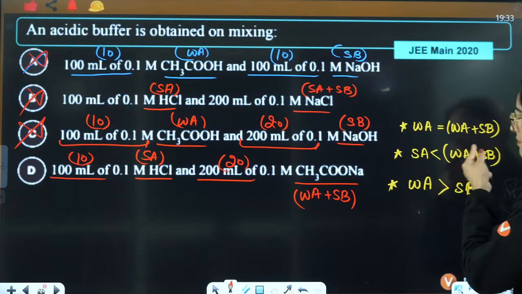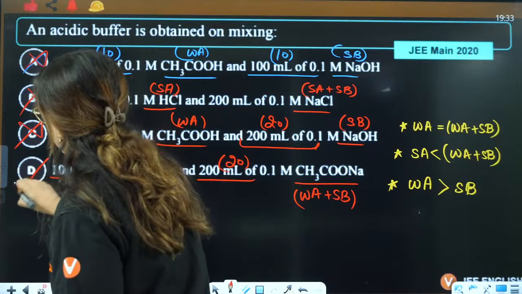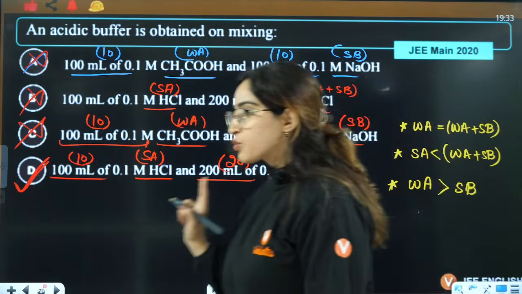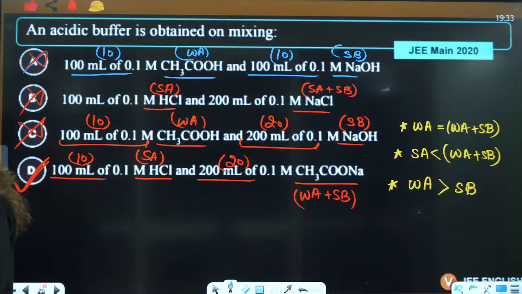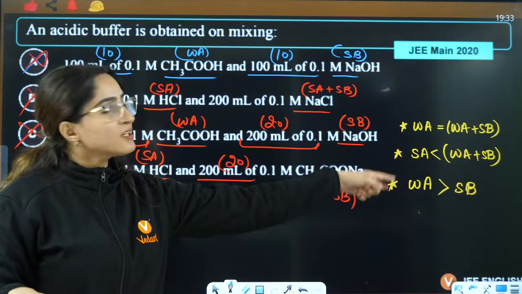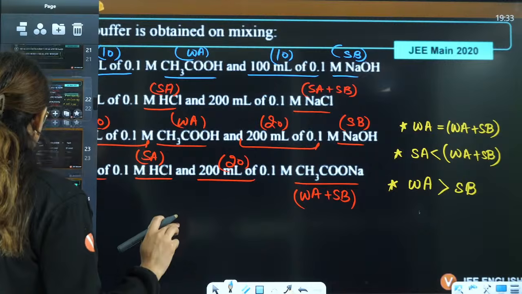And here the number of moles of the salt should be greater, which I can see here. So D will be the correct answer. And these are the latest questions where students tend to make mistakes. Okay, so in the end, you just remember this category. Before doing the next topic, I'll also mention this here, right?